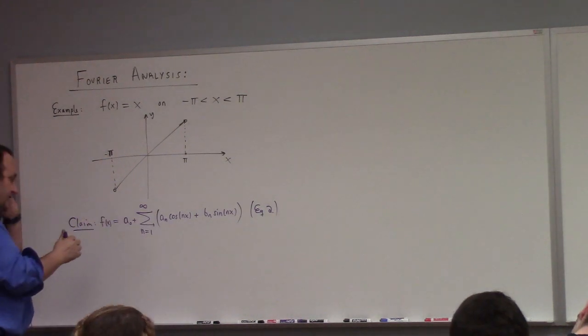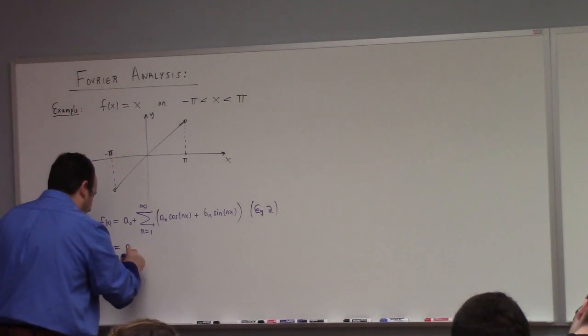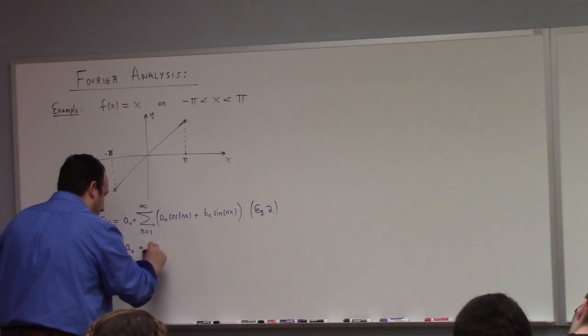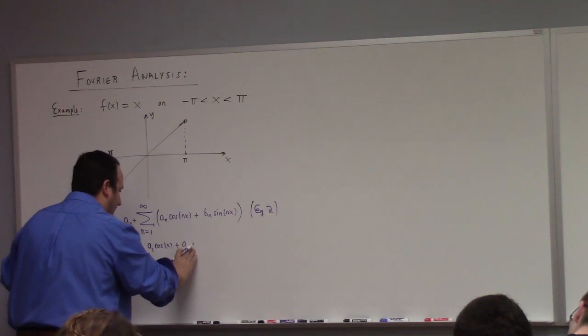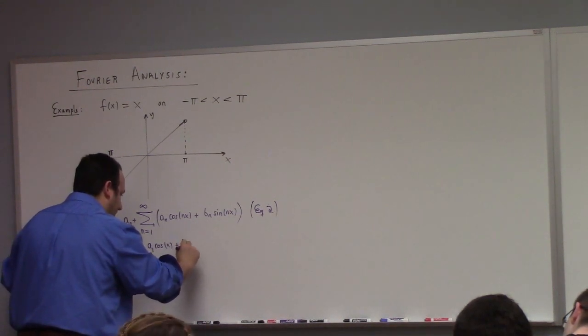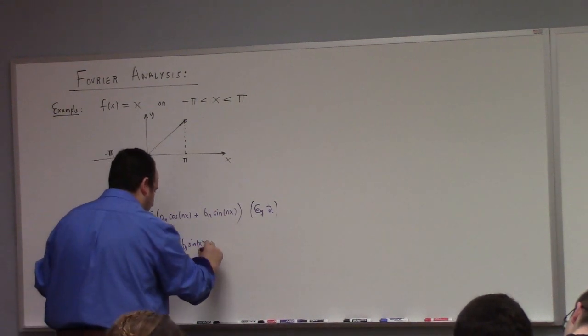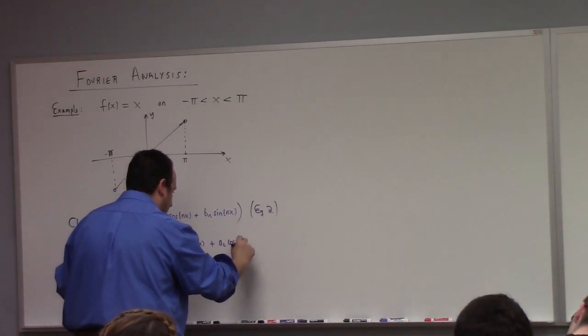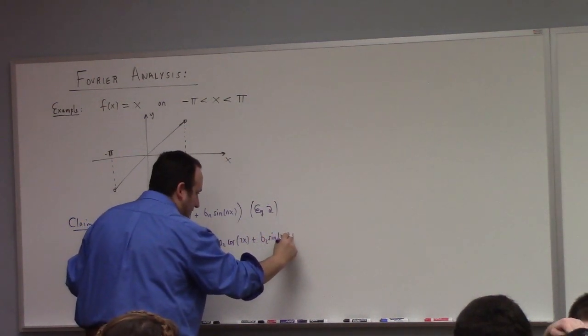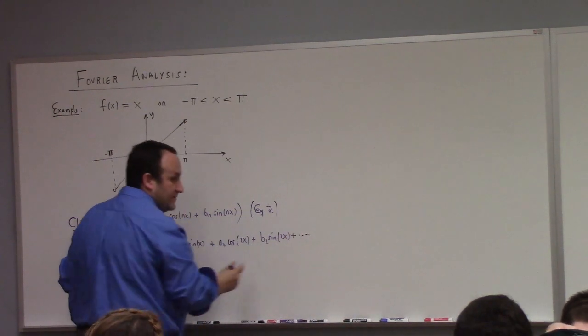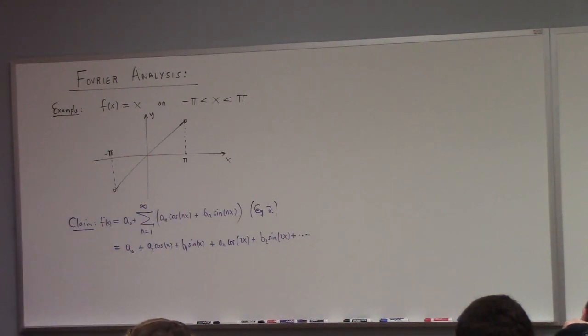To be more pedantic, this is a0 plus a1 cosine x plus b1 sine x plus a2 cosine 2x plus b2 sine 2x. And we'd be here all day if I had to write the whole thing. So this is called a Fourier series, or sometimes a trigonometric series because, well, why do we call a power series a power series? Why is it a power series?